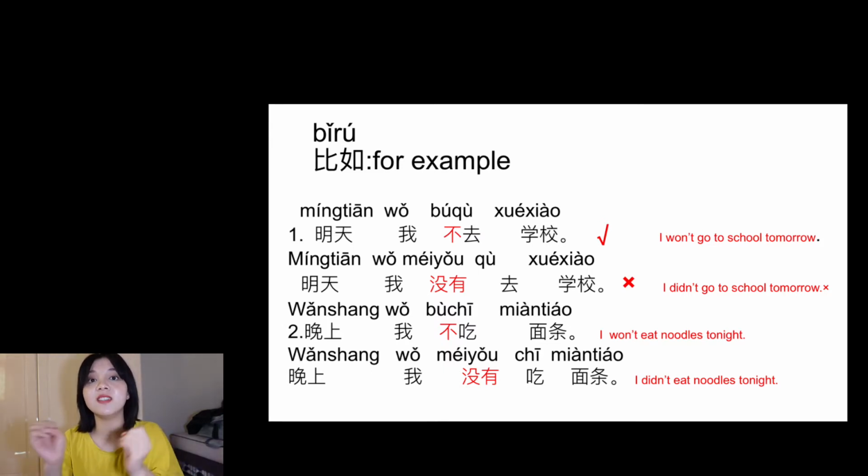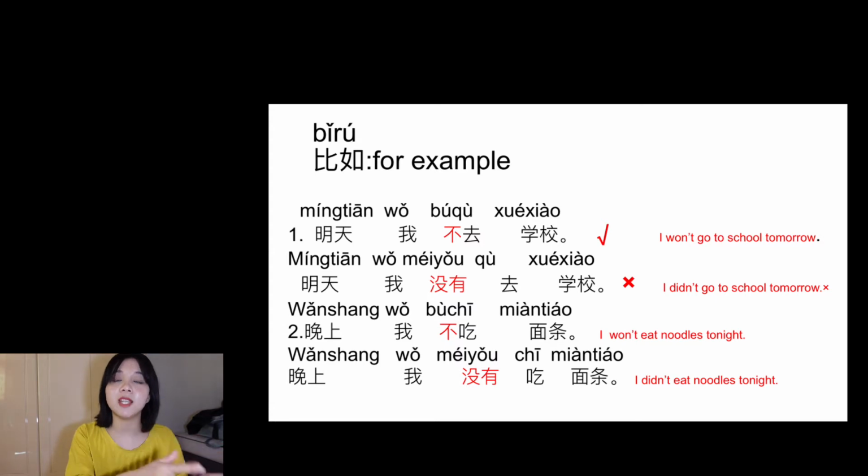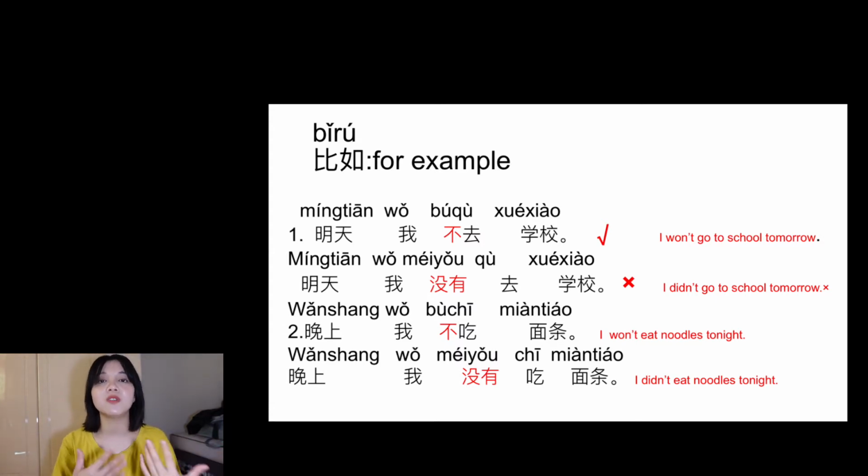It means something didn't happen. But 明天 is tomorrow, we don't know what will happen tomorrow. When you say 明天我没有去学校, it means tomorrow I didn't go to school. It just doesn't make any sense. So remember, this one is no.